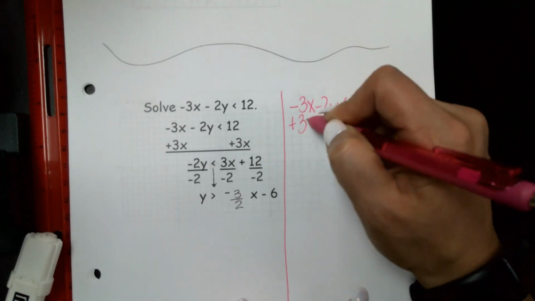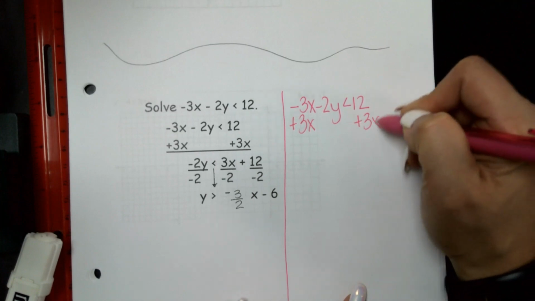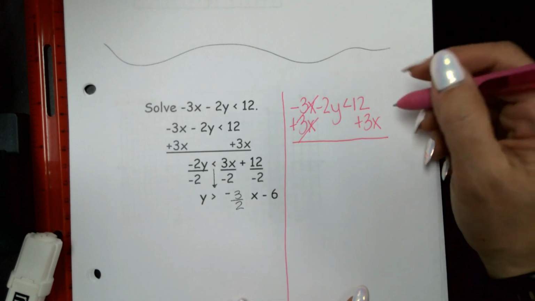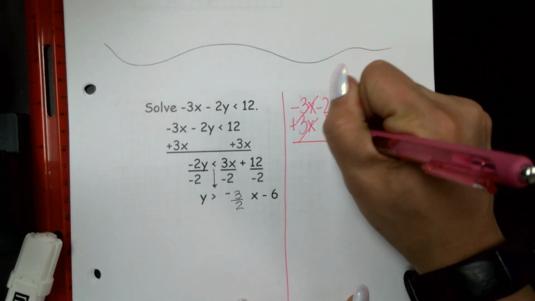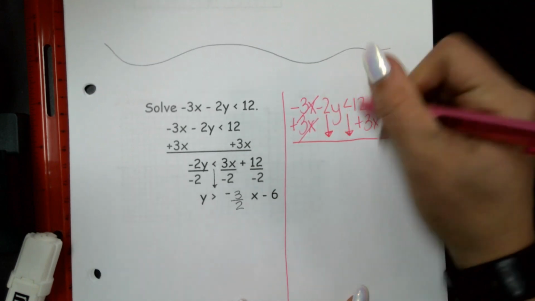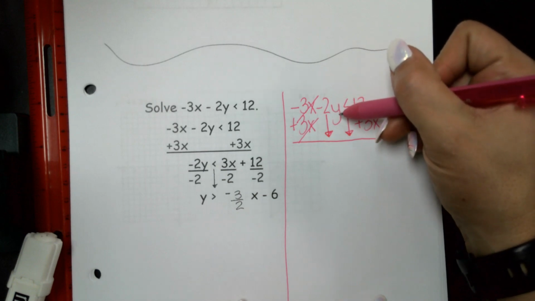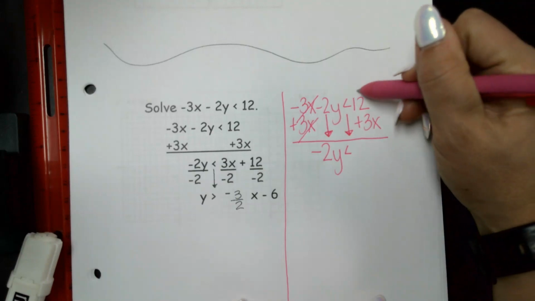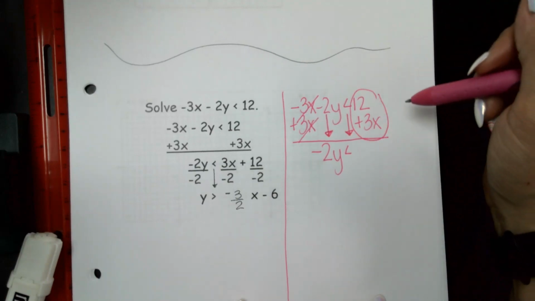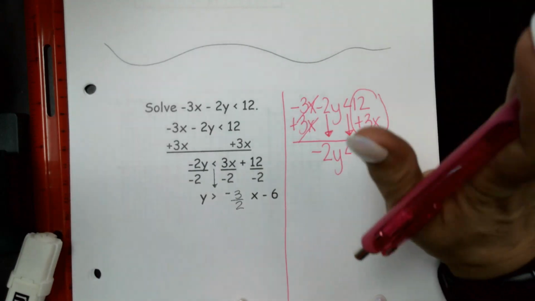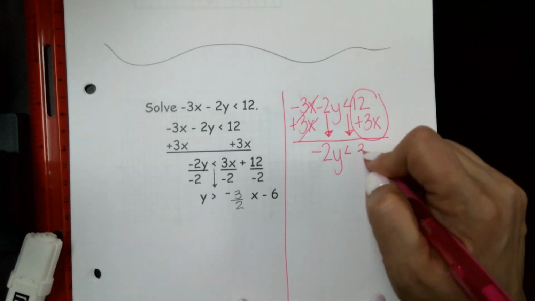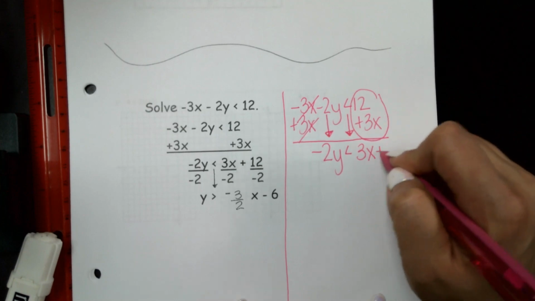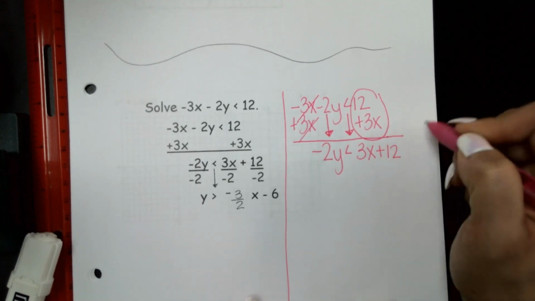We're going to add 3x to both sides. Make sure you're doing this on your paper, please. Now, is this positive or negative 2y? Make sure you bring down a negative sign with it. Can we combine these two over here? No. Now they're both positives, so when you write it, we typically like the x term first, so 3x plus 12. That's step 1.